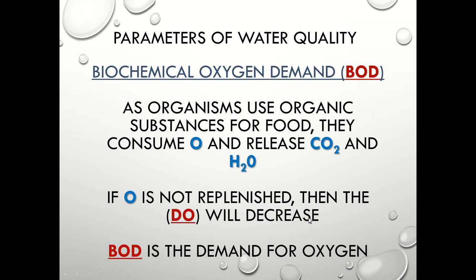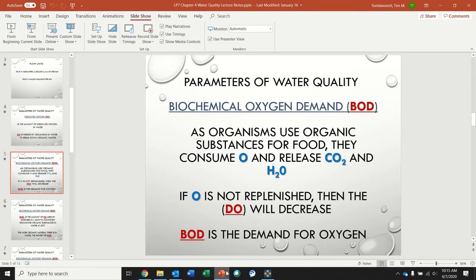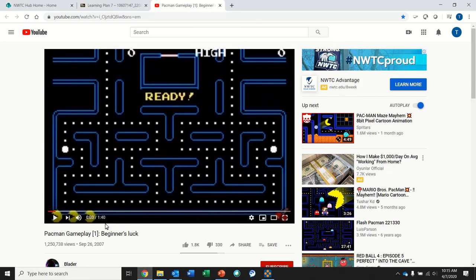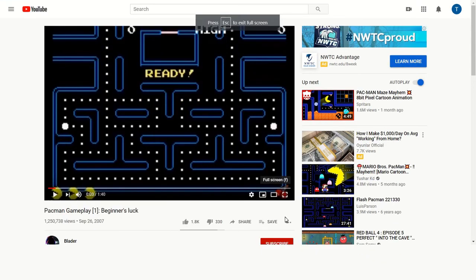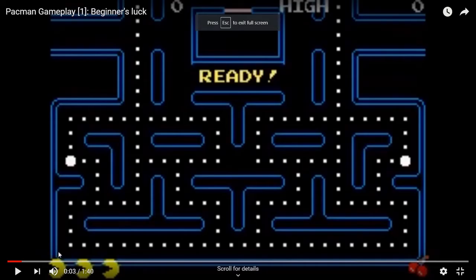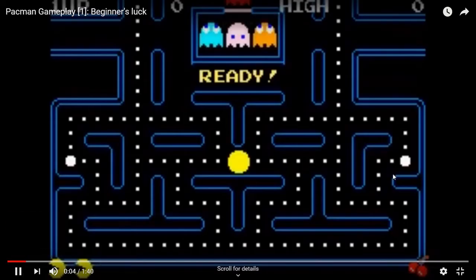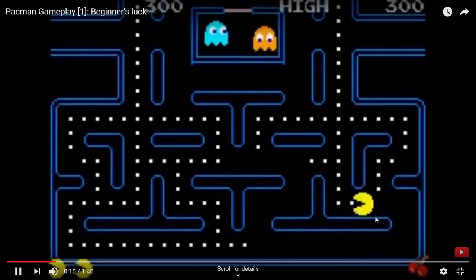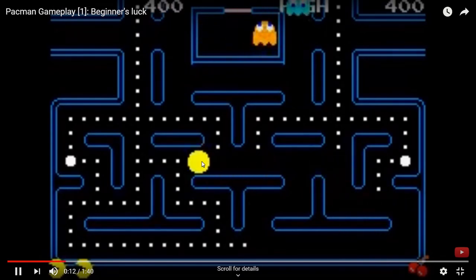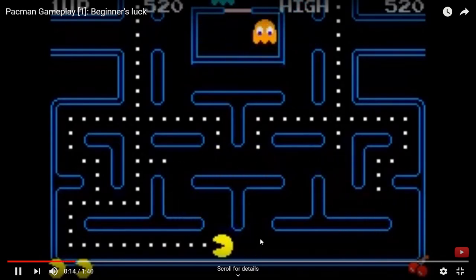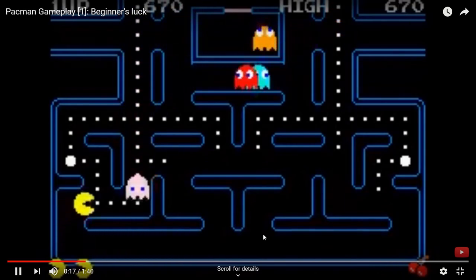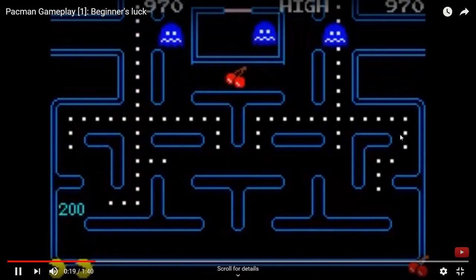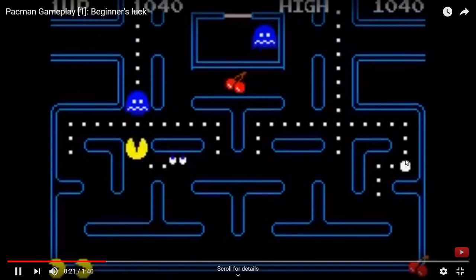I kind of have a YouTube video here. Remember the old game Pac-Man? This is an organism, and it's eating up the organisms. The little dots are the organisms, and the big power balls are the dissolved oxygen.